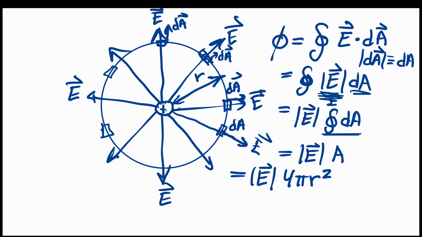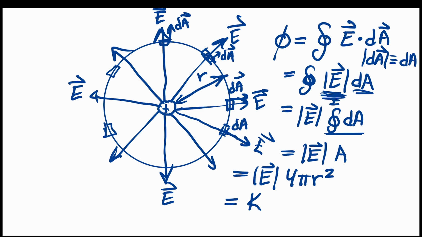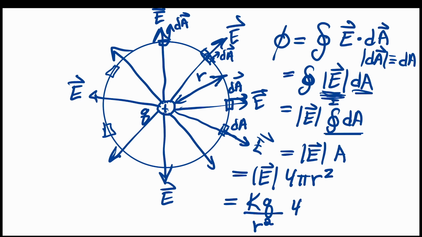And then the electric field caused by a point charge, we know that too, and it's k q, the charge at the center of the sphere, divided by the radius of the sphere squared, because we want to know the value of the electric field at a point at the surface of the sphere. And then this is multiplied by 4 pi r squared.